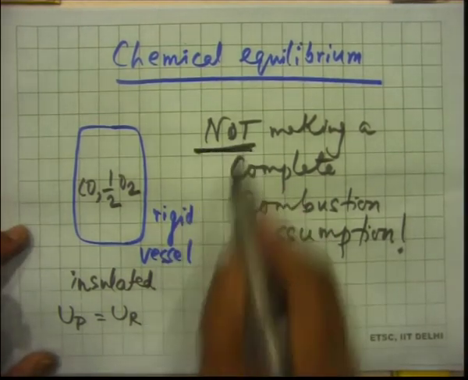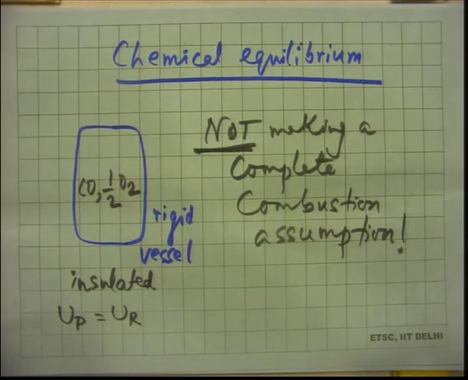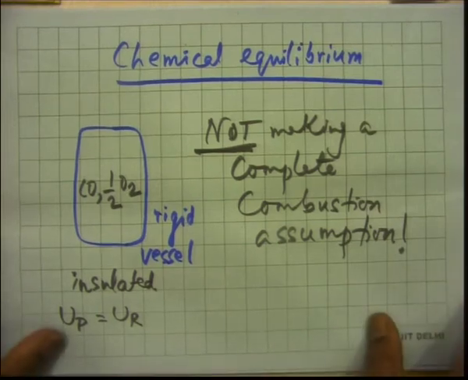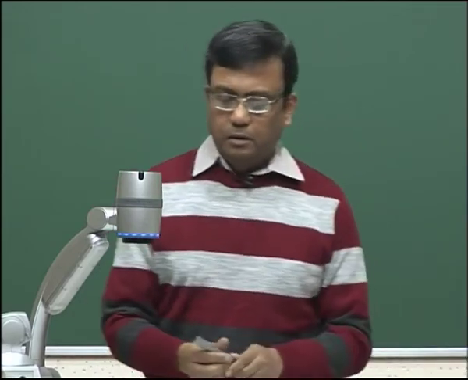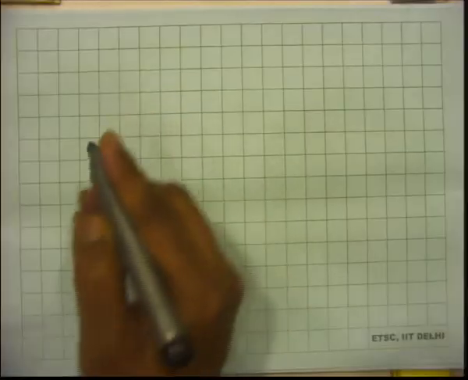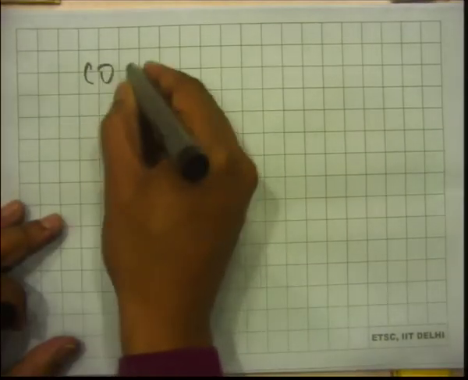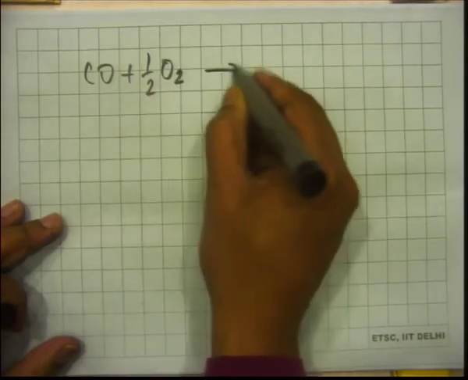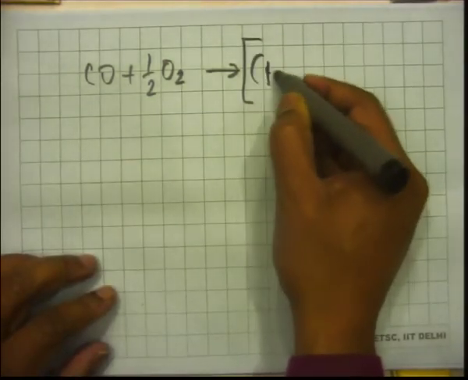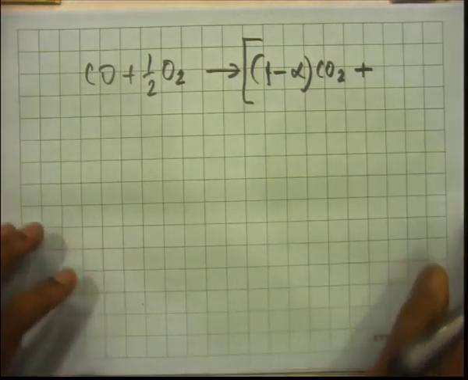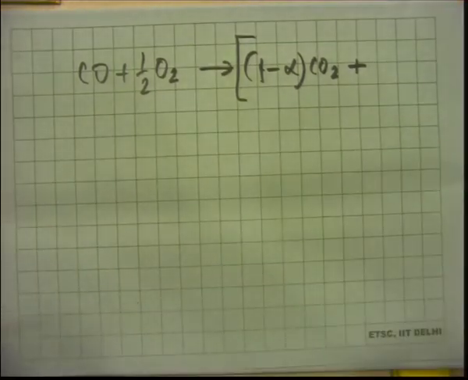There is a possibility that if you have CO plus half O2 left to react with one another in a constant volume vessel when there is no heat transfer, then part of that CO2 will actually react. So, what should I write after the plus sign?